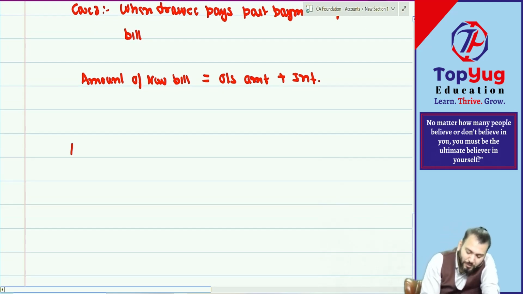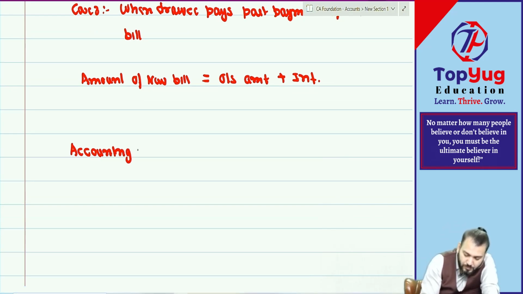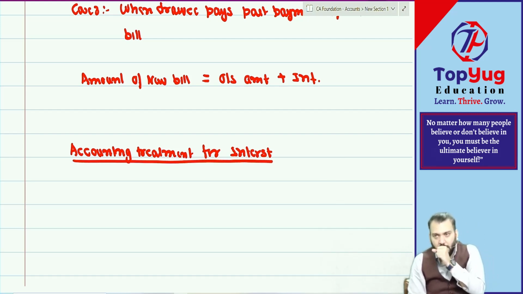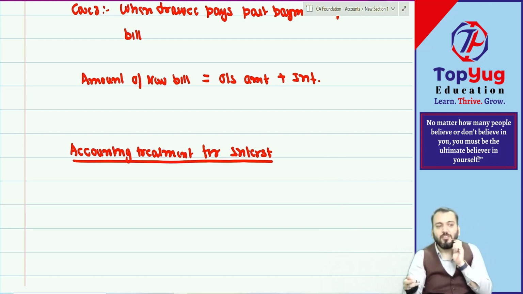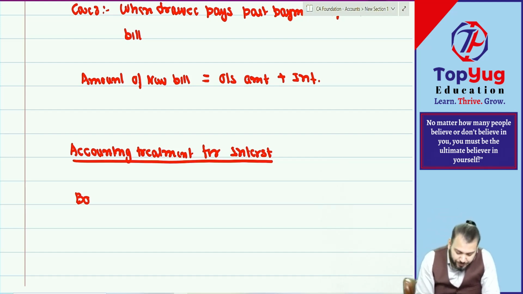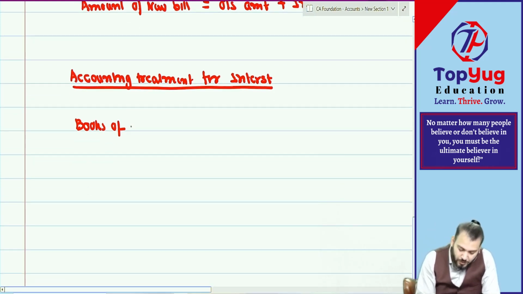Now, what will be the accounting treatment for interest? This interest becomes income of the drawer and expense of the drawee. So what will be the journal entry in the books of the drawer for this interest?